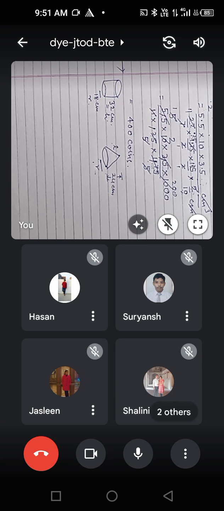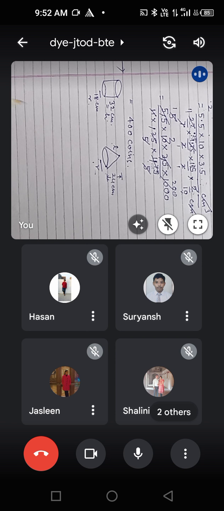Now, if you see this question carefully, you will come to know that the volume of the cylindrical bucket and the volume of the conical heap are both the same, because the volume of sand has neither increased nor decreased. So the volume of the cylindrical bucket and the volume of the conical heap both are the same, isn't it?